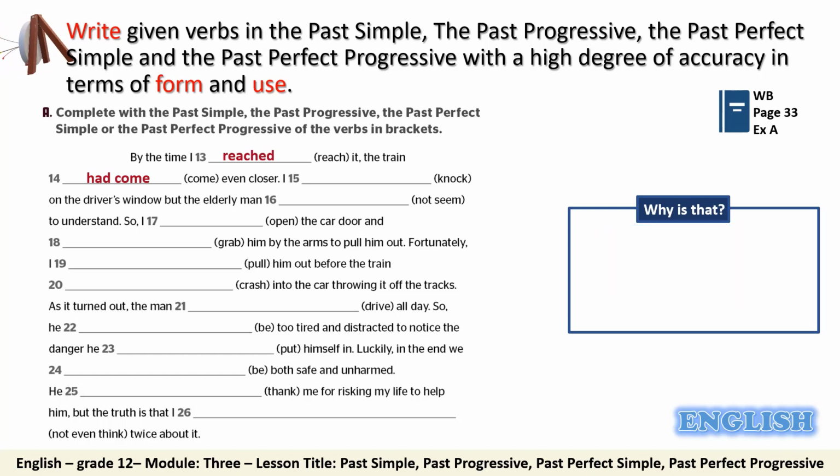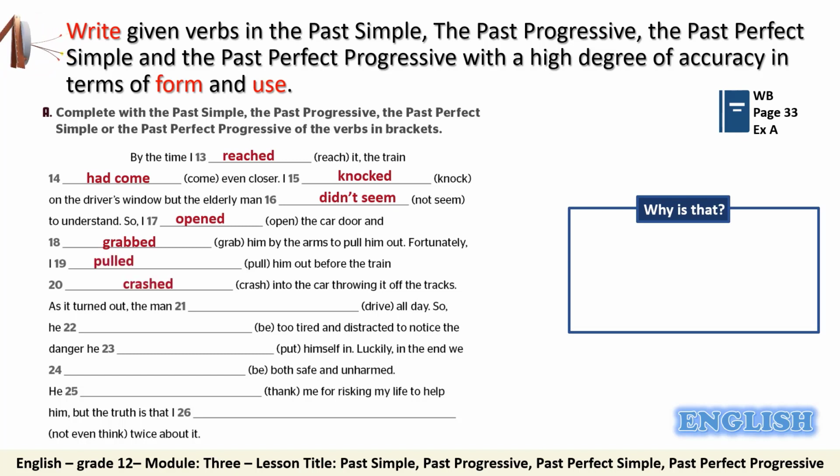After that, for spaces 15, 16, 17, 18, 19, and 20, we should use which tense? Exactly, the past simple. So the correct answers are knocked, didn't seem, opened, grabbed, pulled, and crashed.